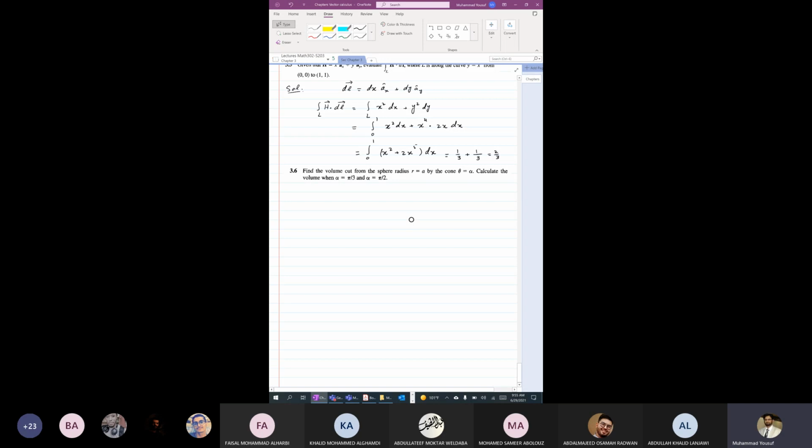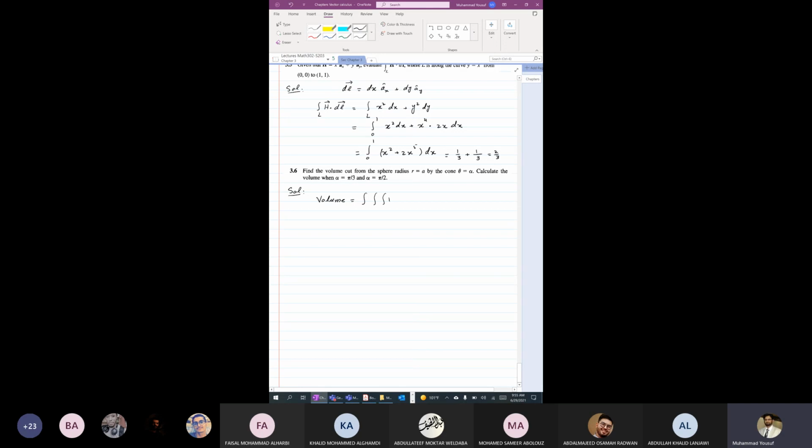Okay, the solution for this question is to find the volume, and this volume is in spherical coordinates. Volume means a triple integral, and the integrand is 1.